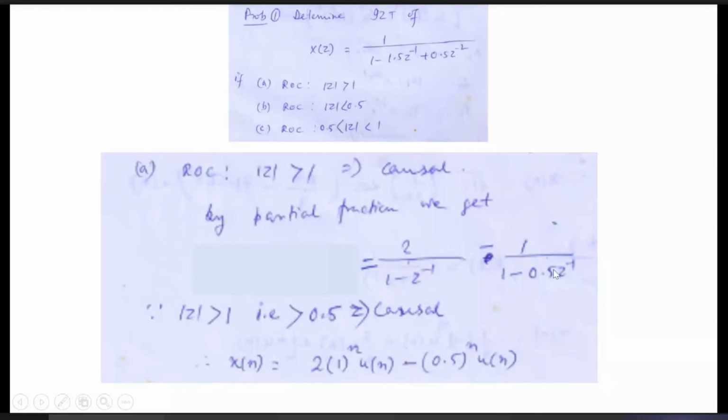Both the poles are less than or equal to mod z. Already mod z is greater than 1, so obviously mod z is greater than 0.5. So both the terms mean a causal sequence. So we get 2 into 1 to the power n u(n), because it is alpha z inverse.